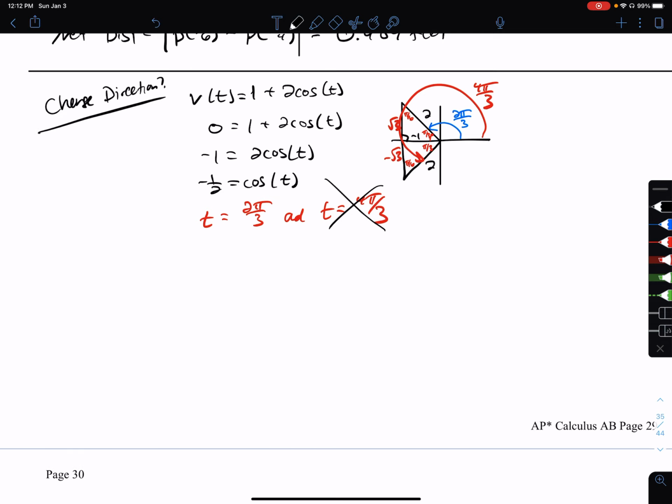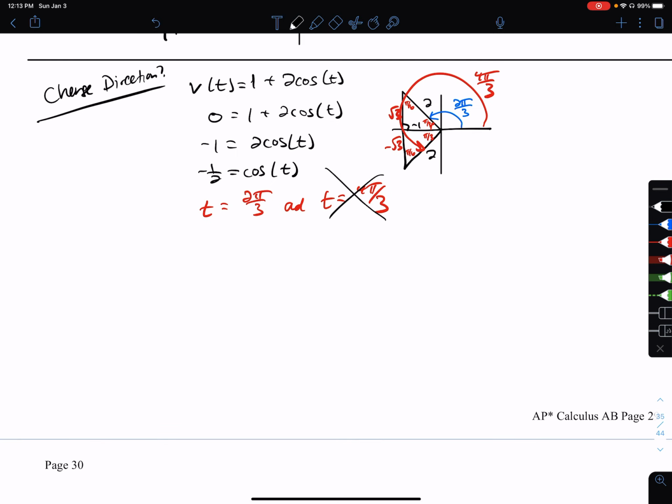So it does change direction. Or at least I know that it is equal to 0. It's possible that it comes and it touches the x-axis and returns from where it came. So I need to make a sine diagram.